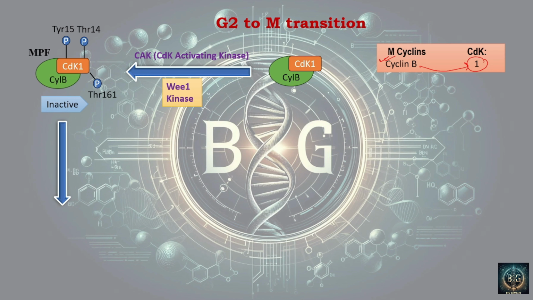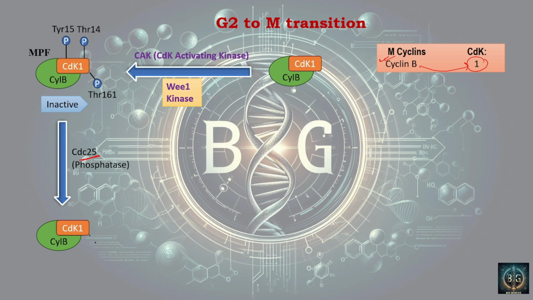When cells are ready to enter from G2 to M phase, a dual specificity phosphatase named CDC25, it is a phosphatase, is recruited, and dephosphorylation of tyrosine 15 and threonine 14 actually occurs.